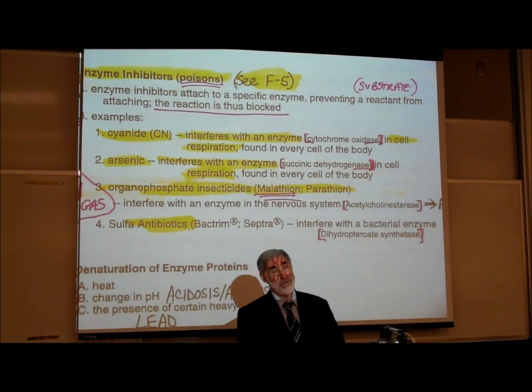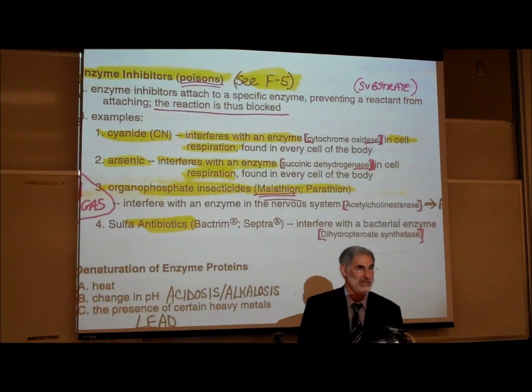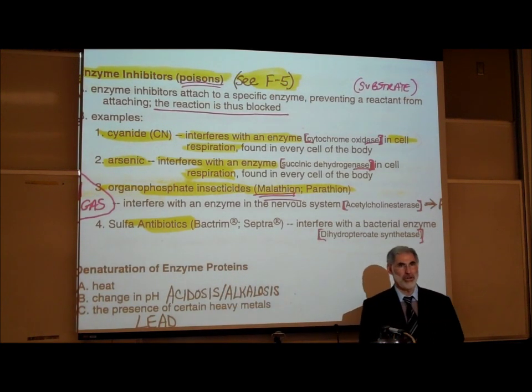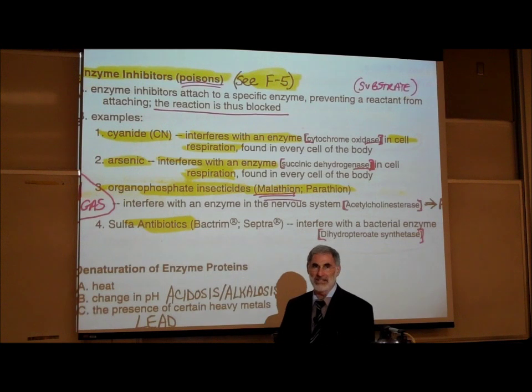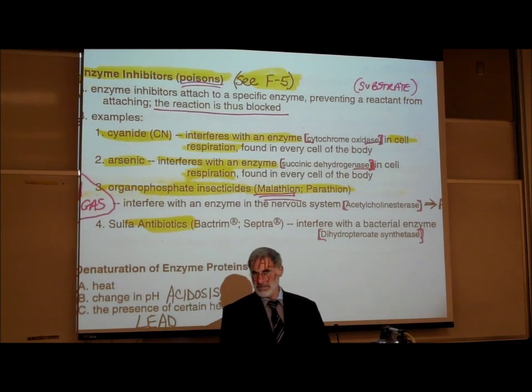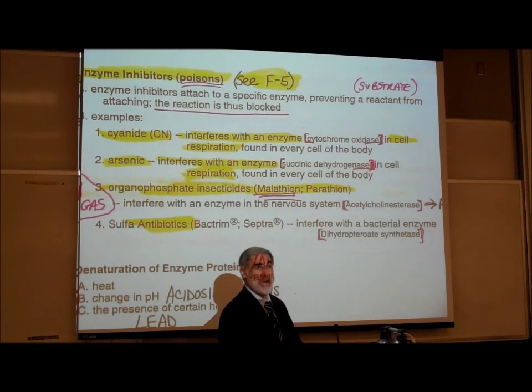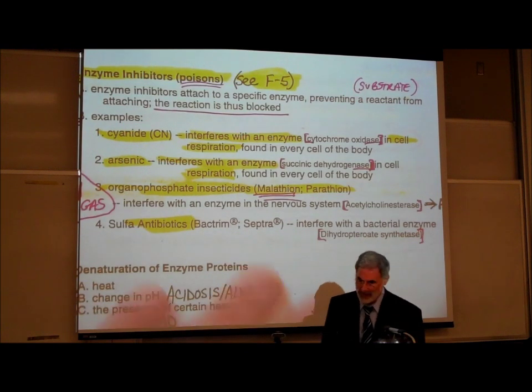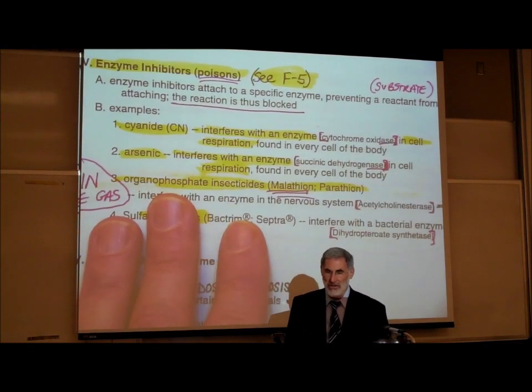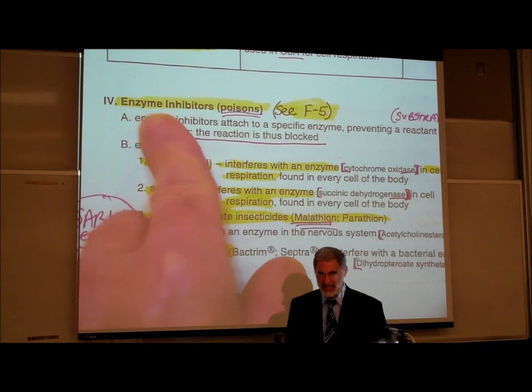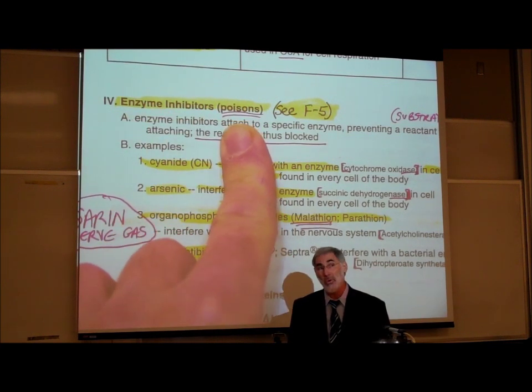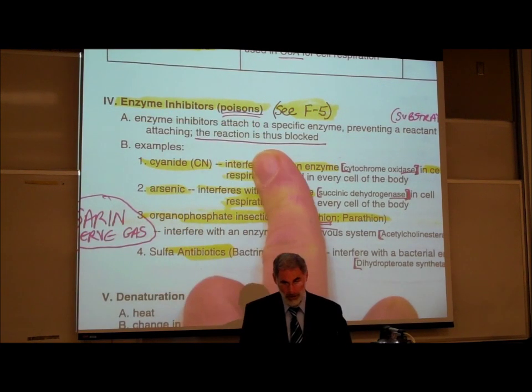How long? 4 minutes. No antidote, no cure. You're dead in 4 minutes because you've interfered with the production of that fuel that powers all living cells. So that's cyanide. So that's why we said enzyme inhibitors can be viewed as poisons that can kill you.